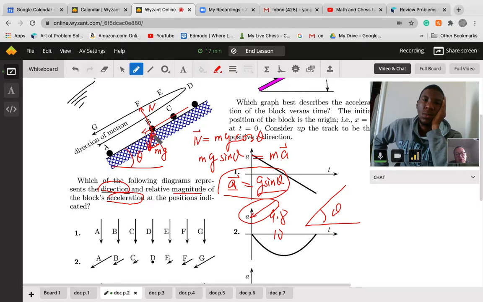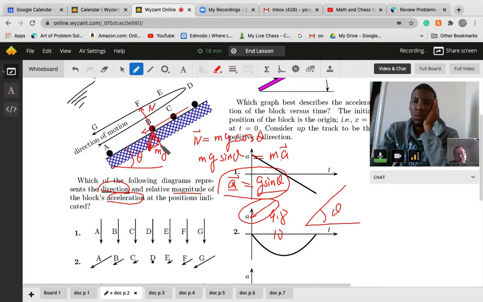So using this angle, we can get the perpendicular component of gravity, which is mg times cosine theta, because in this right triangle, this side is mg times cosine theta.